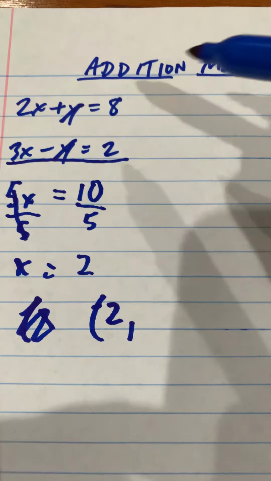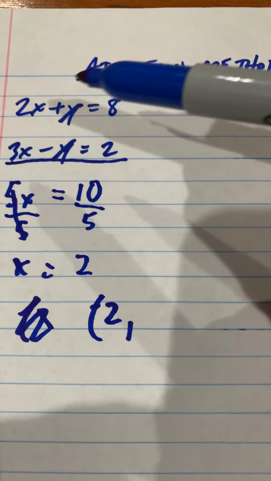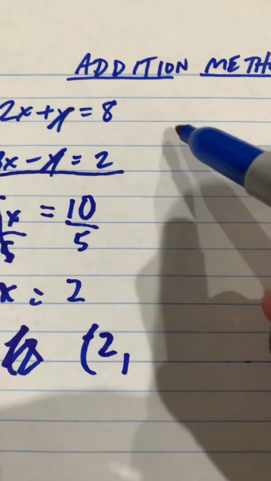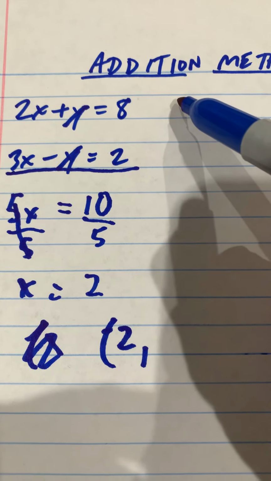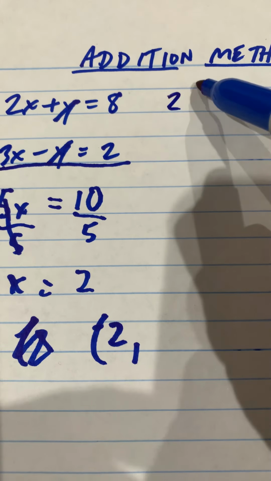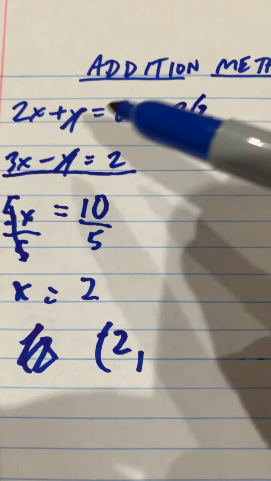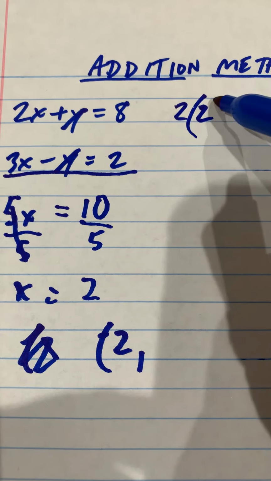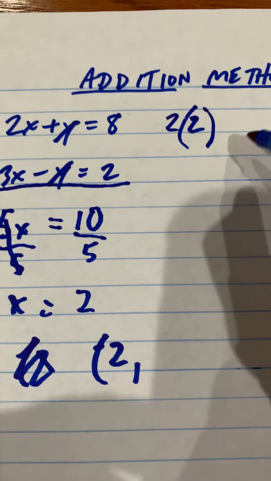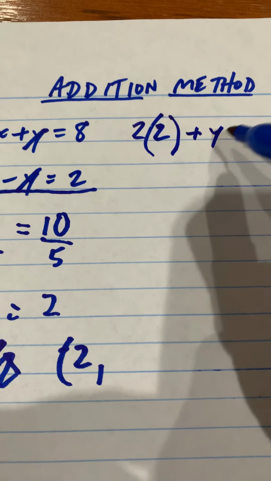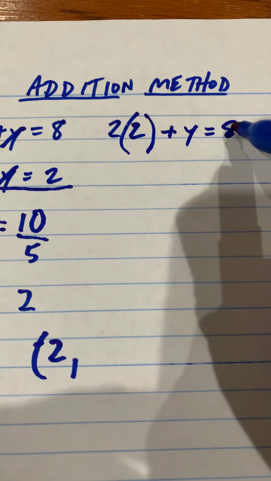Let's go with this top equation. We're going to plug that 2 in for that x. So I'm going to rewrite this top equation. Instead of 2x, we've got 2 times 2, plus y equals 8.